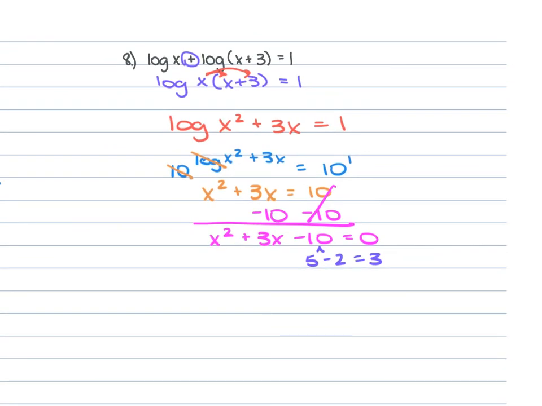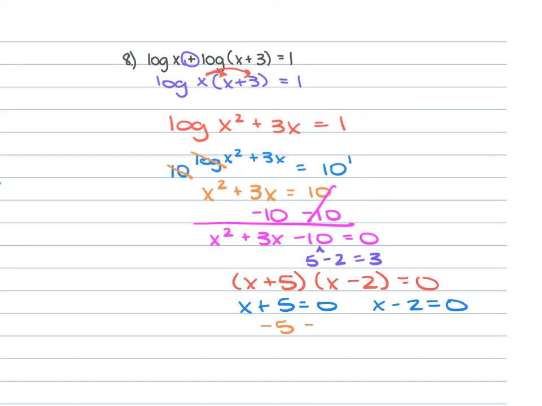So this is going to factor out to be x plus 5 times x minus 2 is equal to 0. We solve both of these, so x plus 5 is equal to 0, x minus 2 is equal to 0. We get x by itself. Subtract the 5, x is equal to negative 5. Add the 2, x is equal to 2.